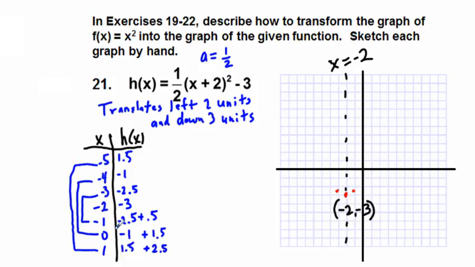And next one we have is (0, -1). And the other side we have (-4, -1). And then the right side at x equals 1, we have an output of 1.5. And then for input of -5, we have an output also of 1.5.